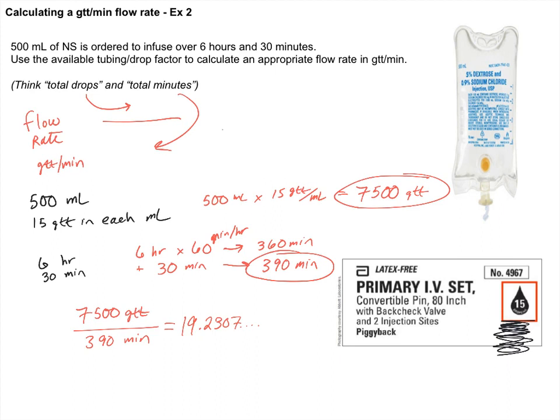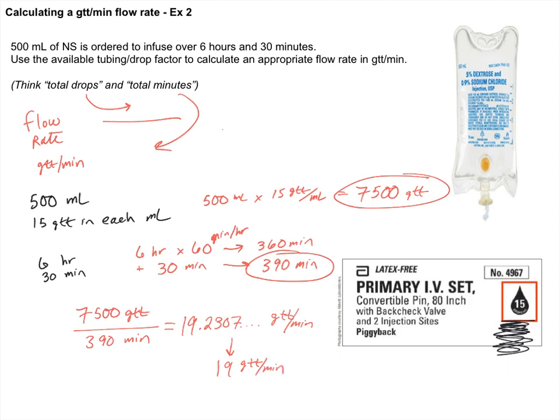And again, I know when I simplify these two measured values, that this is going to be a drop per minute unit, the total number of drops over the total number of minutes. Now I know I need to round this to the nearest whole number because I would have to count those drops. I can only count the nearest single drop, so this would be 19 drops per minute.